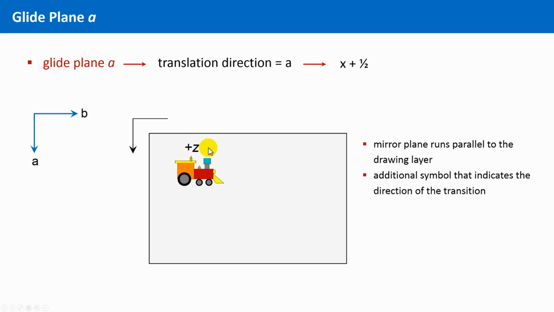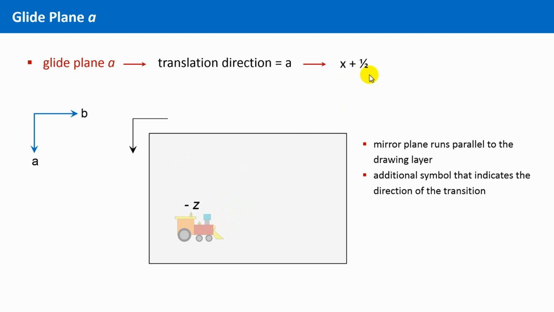And now let's apply this glide plane A. First, the reflection. This means the locomotive is now behind the projection plane at a height -Z. And now we have to translate it along the A direction about 1/2 of the unit cell. The x-coordinate of the locomotive will increase by 0.5.